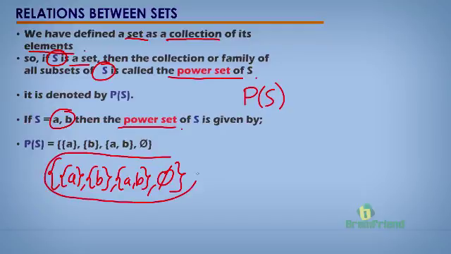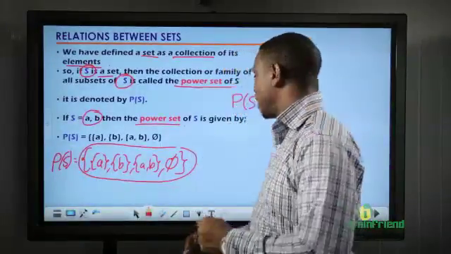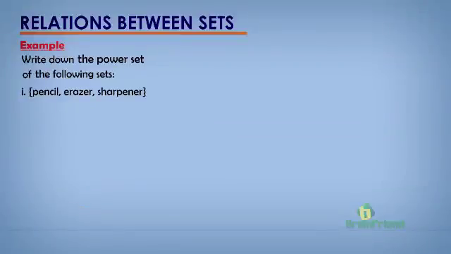This is the family or the collection of all the possible subsets of our given set, and again is denoted as P bracket S. Let's take a practical example to better understand our power set.